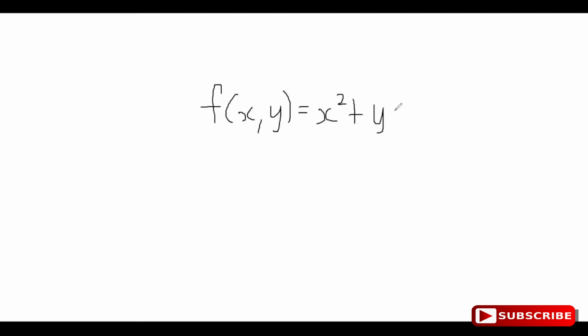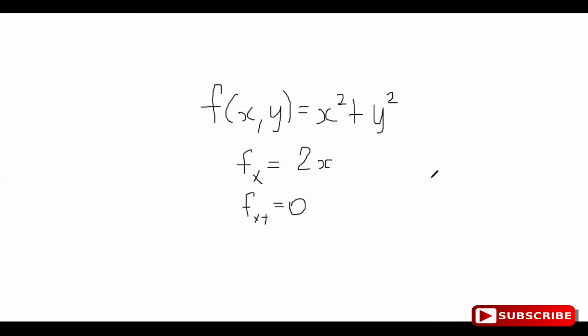So we're at question 15. We have f of x, y is x squared plus y squared. If you differentiate with respect to x first, you get fx equal to 2x. If you differentiate this now with respect to y, you get fxy equal to 0.